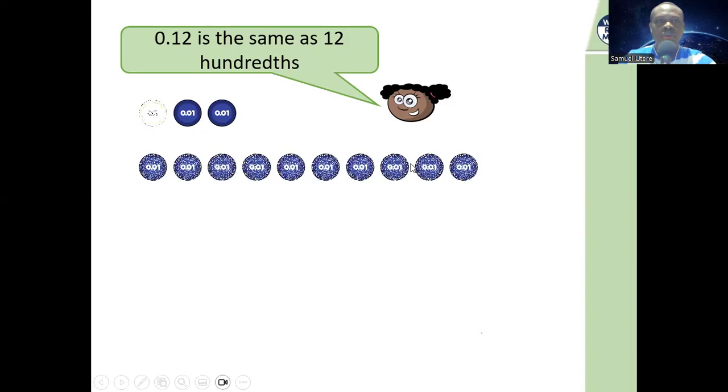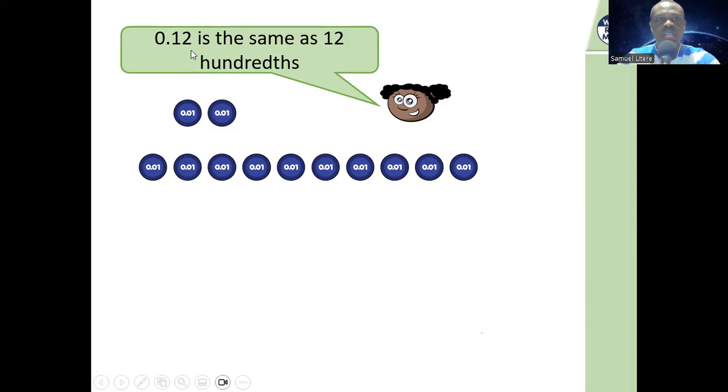Well, Whitney is right because we can represent the 1 tenth with 10 hundredths. So you remember at the start of the lesson when we looked at some of those facts?